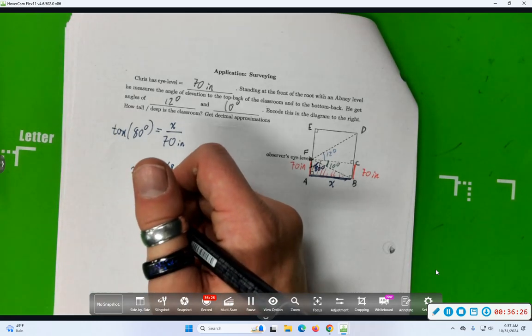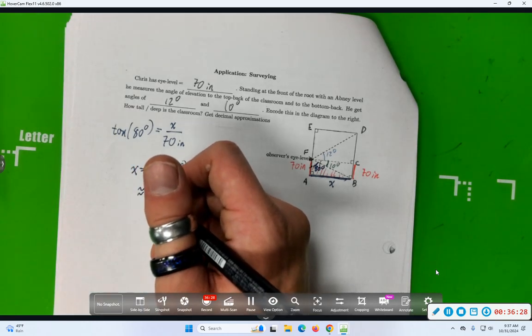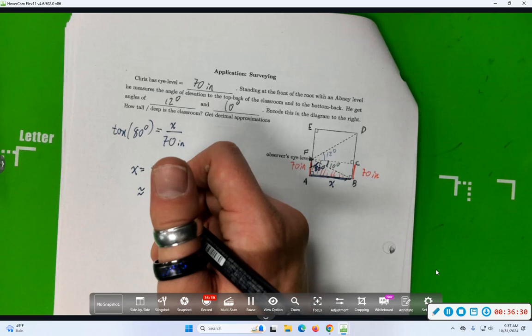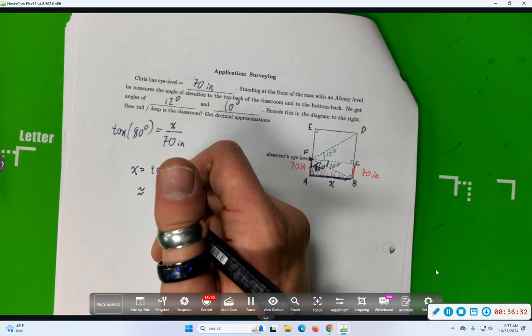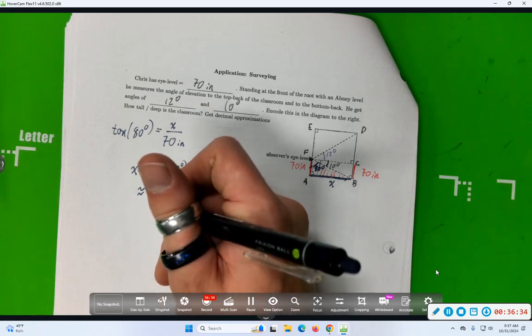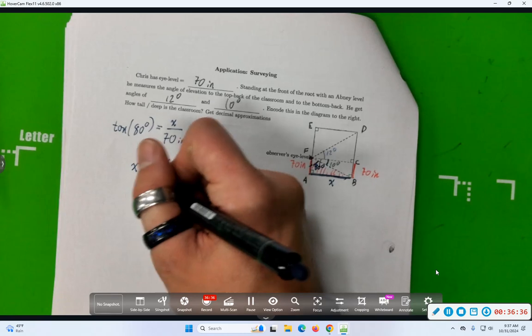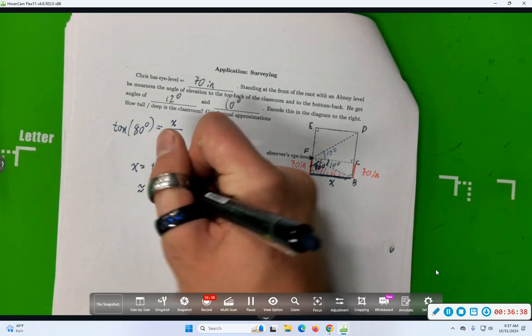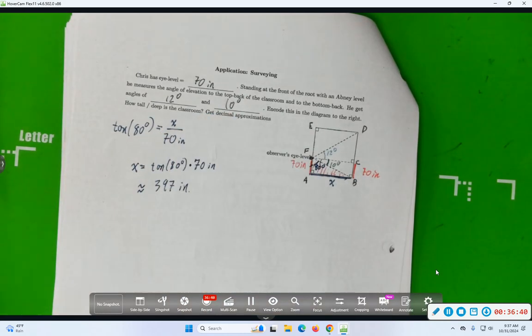Based on the errors I have in my measurements already, let's stop at the whole numbers. I don't think I trust anything up to there anyway. Round correctly to the nearest inch. Okay, 397. Do I have your agreement? Nice.